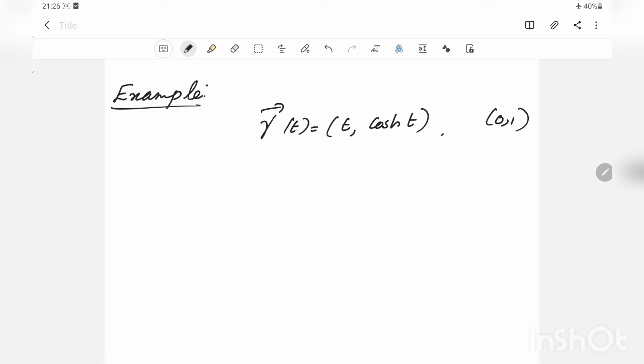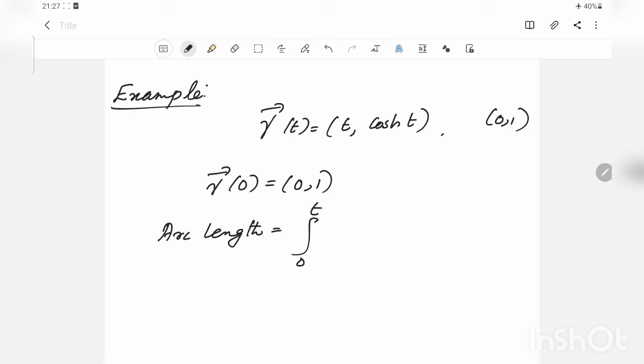The point (0, 1) is the initial point gamma of 0. So the arc length is given by the integral from 0 to t of norm gamma dot of u du. Here the initial point is 0.